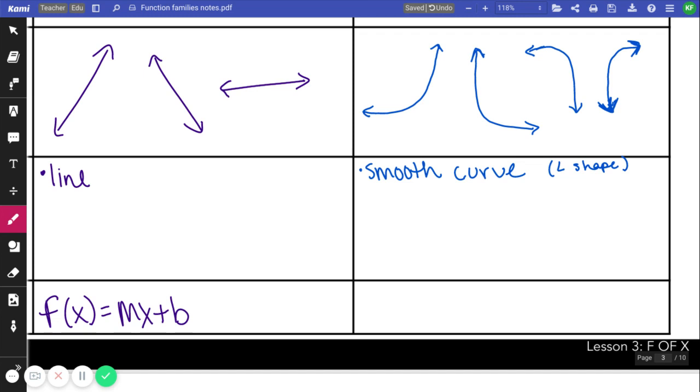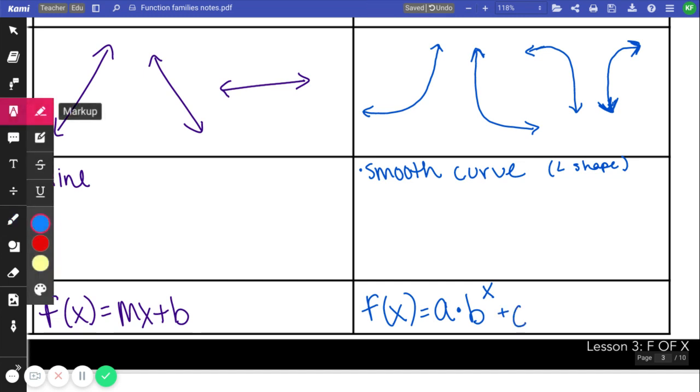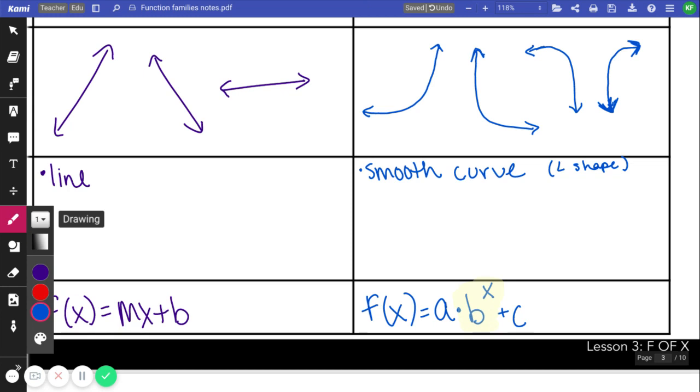Then the standard form equation for exponential functions is going to be a times b to the x plus c. The super important thing to remember for exponential functions when you're looking at an equation is that x is in the exponent.